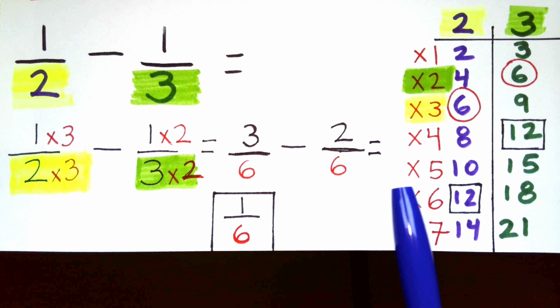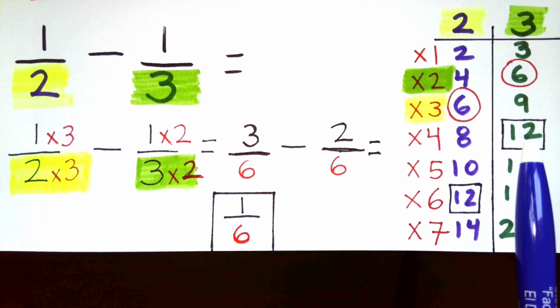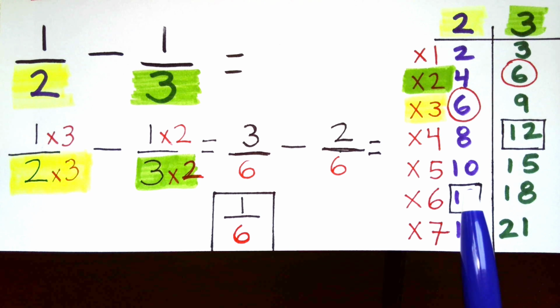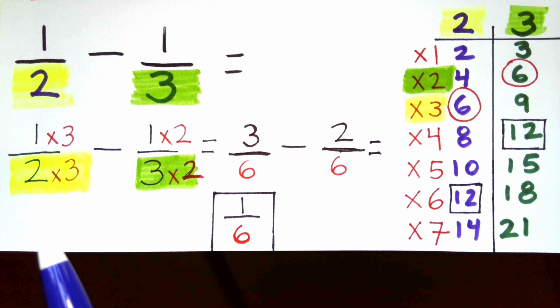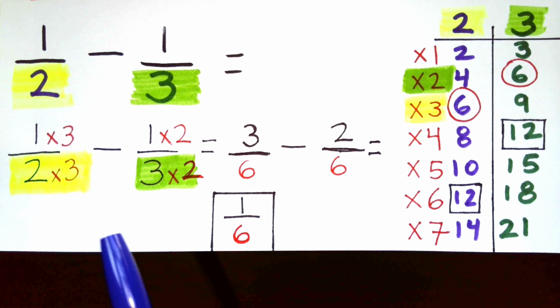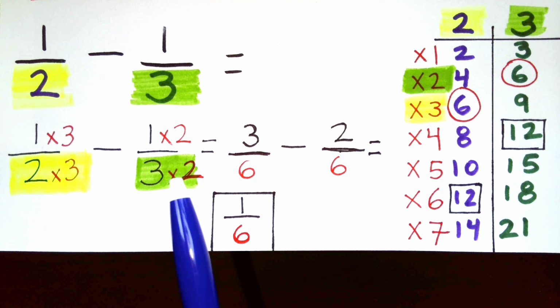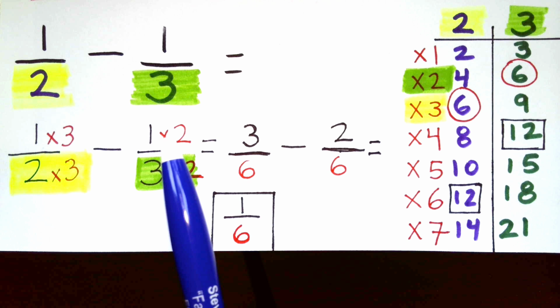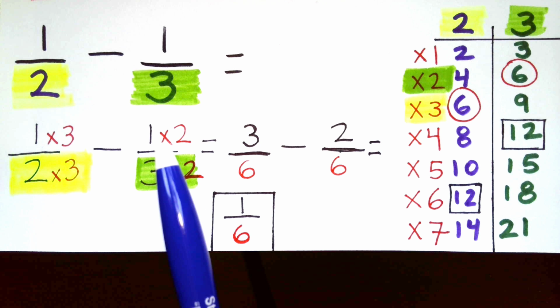I do want to just discuss with you briefly what would happen if you would have chosen 12 as your common denominator. You would have to multiply 2 times the 6, which would be 12.